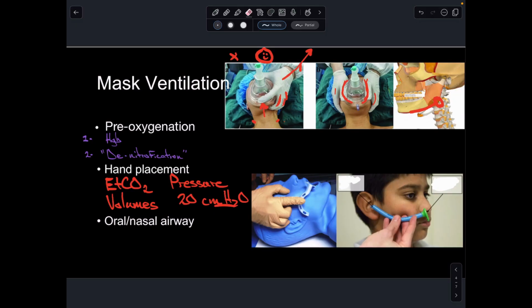Additionally, an OPA can't be used on a patient that has an intact gag reflex, whereas with an NPA, there are YouTube videos of those being inserted on people who are fully awake as they demonstrate it. There's no YouTube videos of people tolerating an OPA in any capacity while awake.